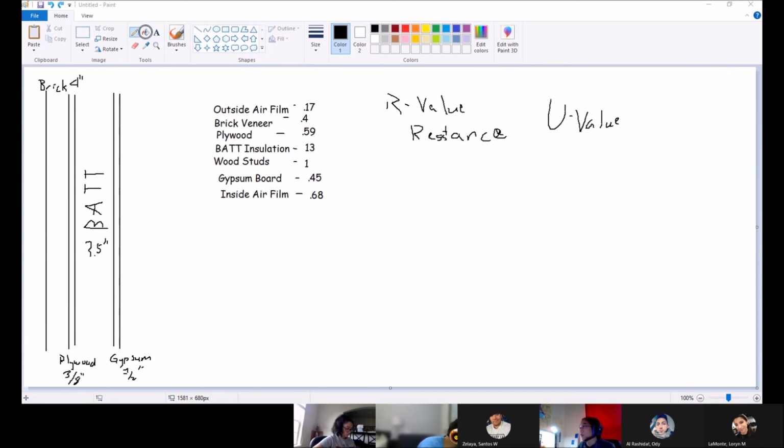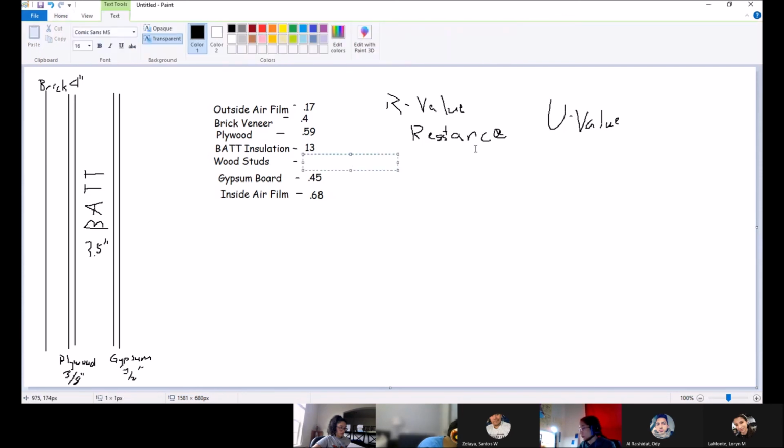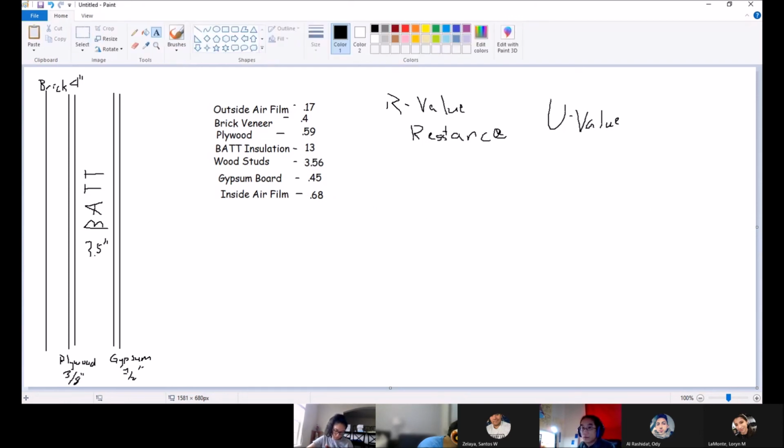I remember when he gave us the homework, he called it a metal stud. I'm just looking on the midterm. So the R value he used for the wood stud is 3.56. All right, cool.